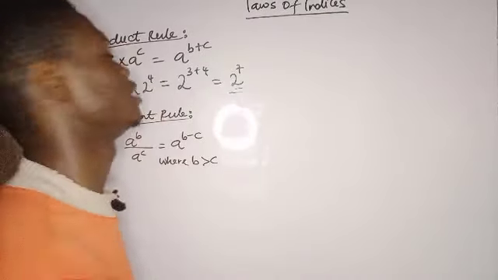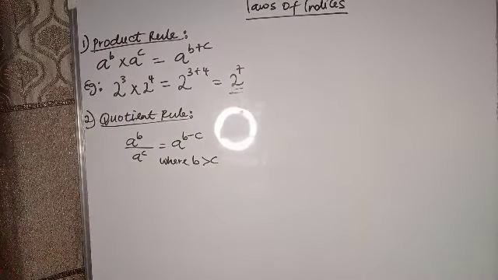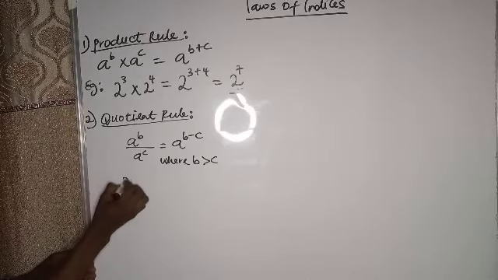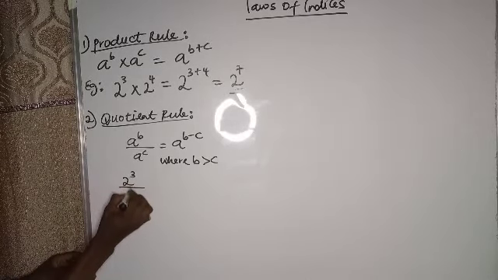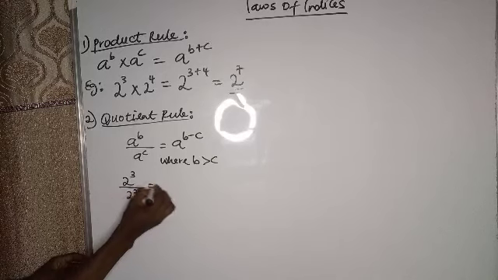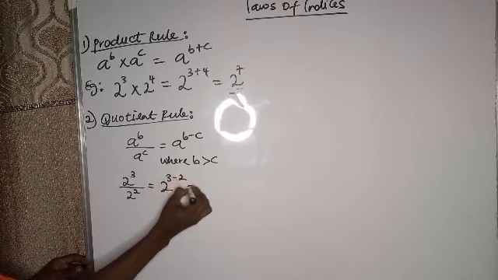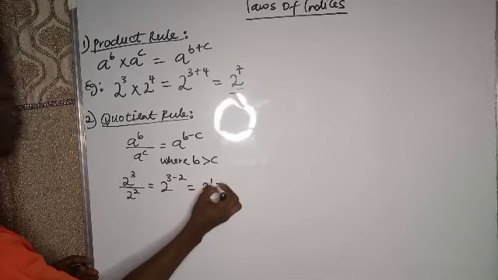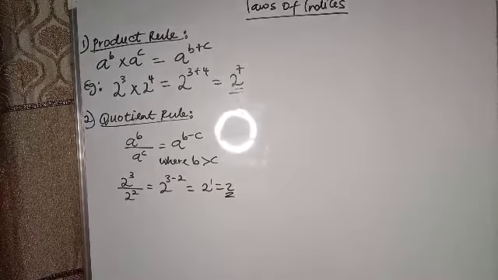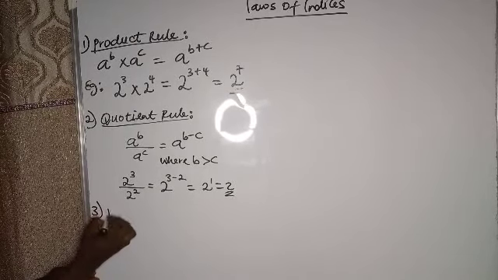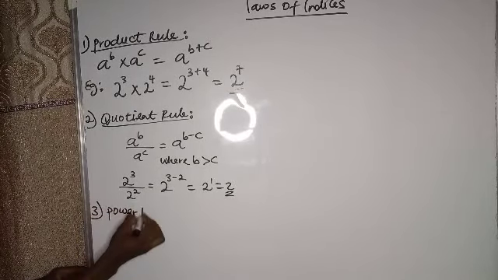If b is not greater than c, check it in another law. It will suit. So, for example, if you have 2 raised to the power of 3 all over 2 raised to the power of 2, this will bring out 3 minus 2, which gives you 2 raised to the power of 1, which is equal to 2. So that's it.